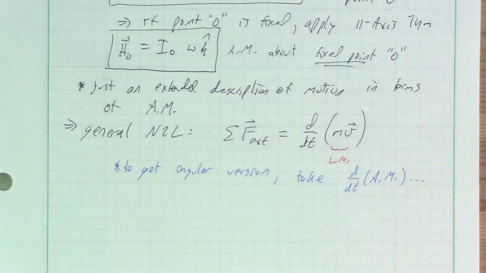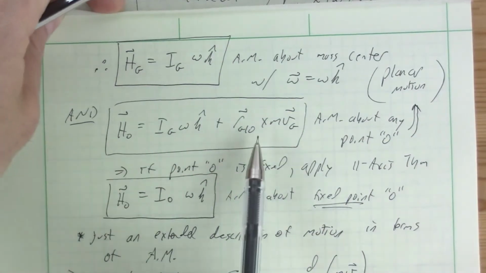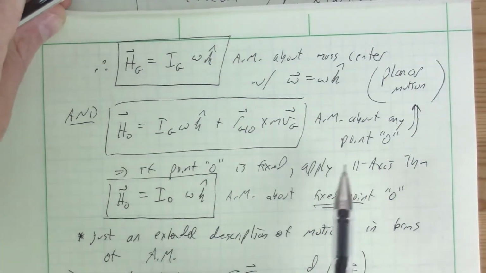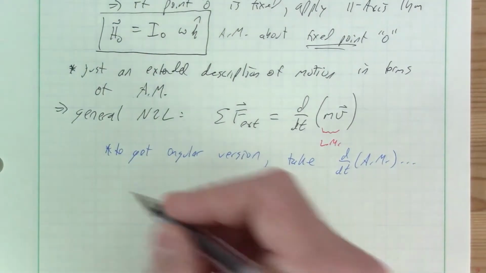We basically take these relations up here, right? This was the most general one, and we take the time derivative of that, okay? So we have what we had before.